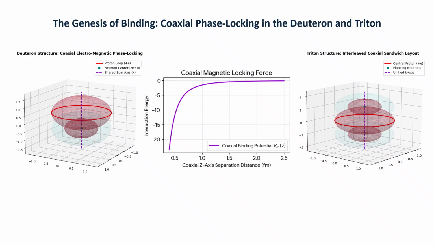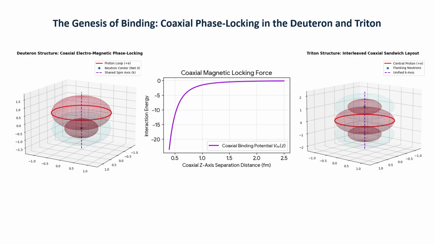And then we have the neutron underneath it, where indeed we have that shell model with a negatively charged shell, a negative charge rotating on the outside, and positive charge rotating inside of it. What happens is when these two come together, and that's why they are stable, they sort of lock their phase. It's what's called coaxial electromagnetic phase locking, because locking implies that they share their spin axis.